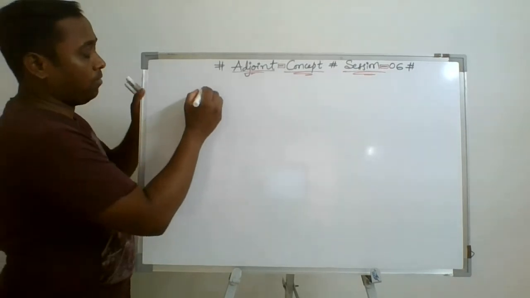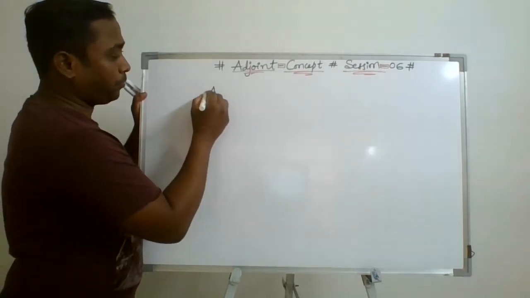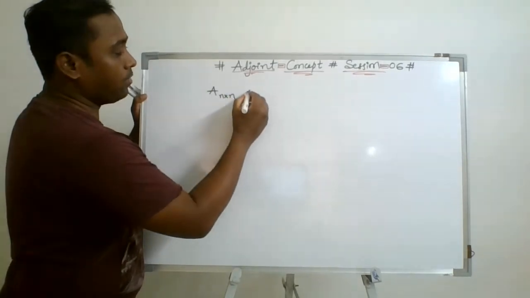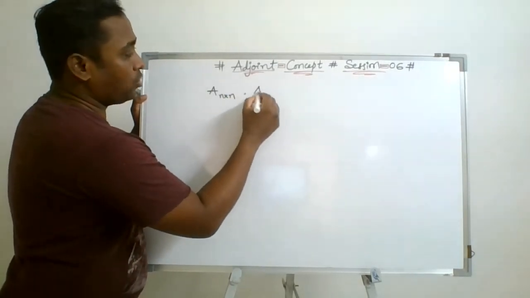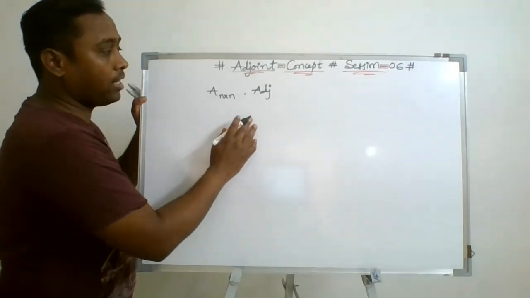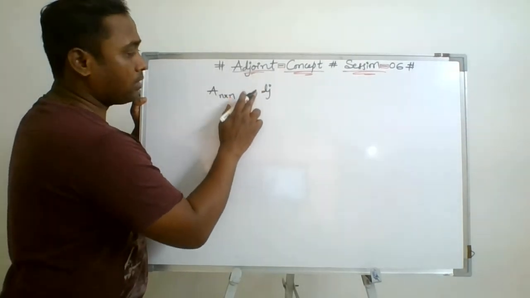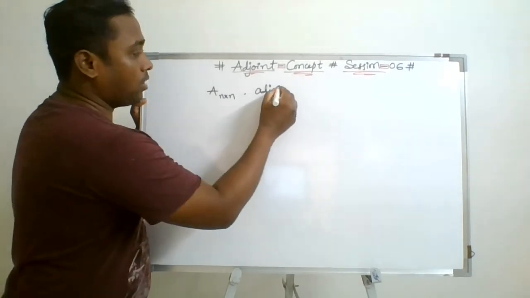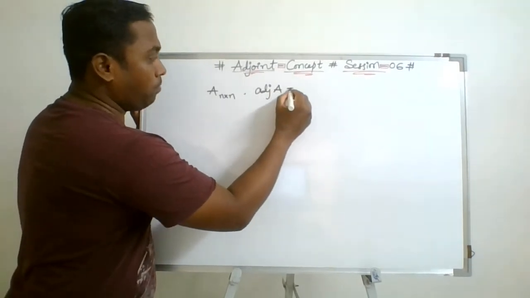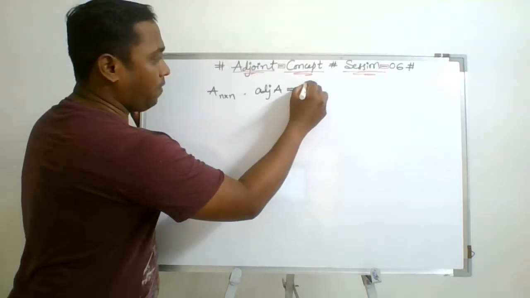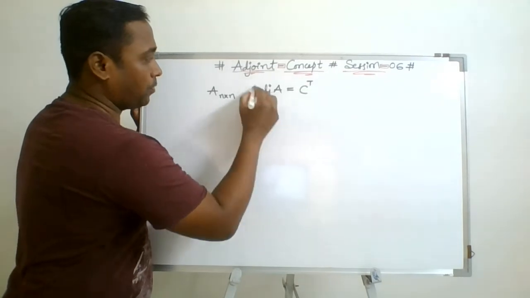By definition, if A is a square matrix of order n by n, then adjoint of A, shortly written as ADJ, sometimes also written as small adj, is simply defined as the transpose of the cofactor matrix.